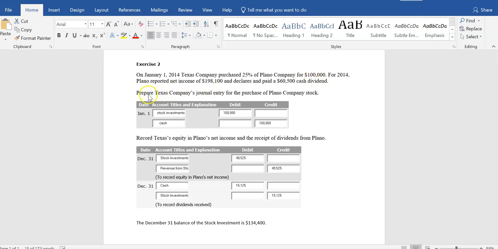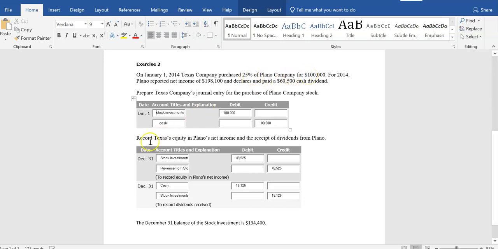So the first thing we need to do when Texas purchases that stock of Plano Company, we are going to be recording an asset. We will debit the stock investments, $100,000, and credit cash. What we have done is recorded the purchase of the investment.